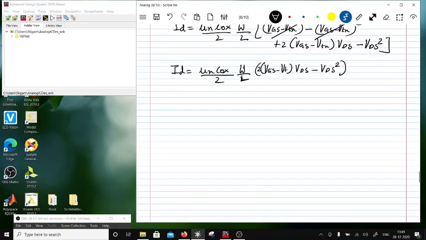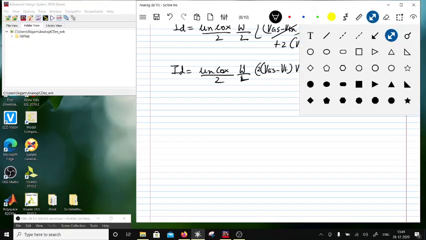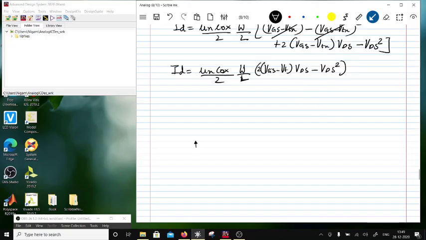Now what is this equation? This equation is of a parabola, right? And so if I were to plot this drain current versus VDS, I have VDS on this side and drain current on this side, correct?